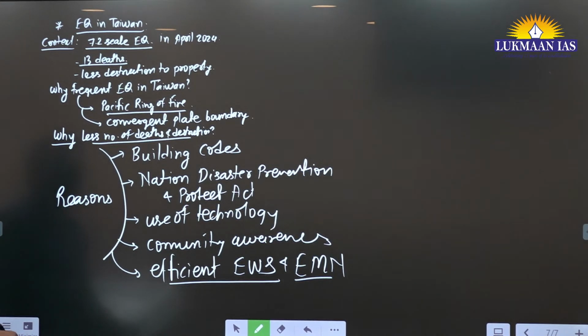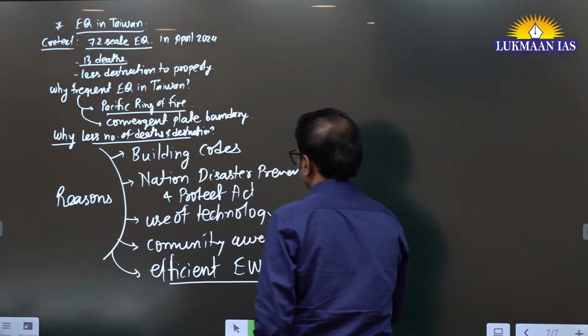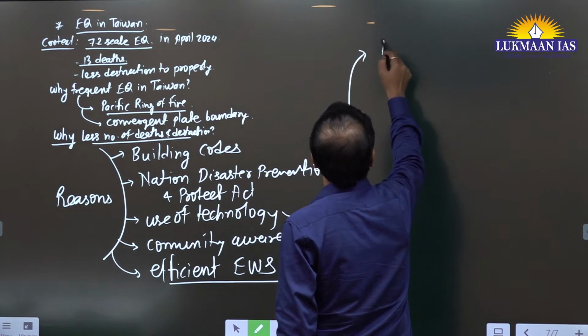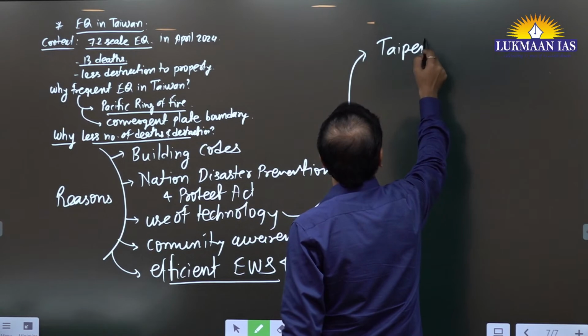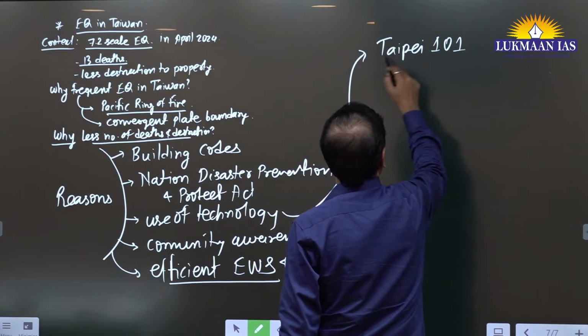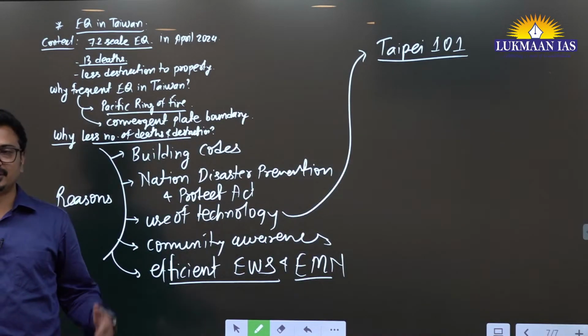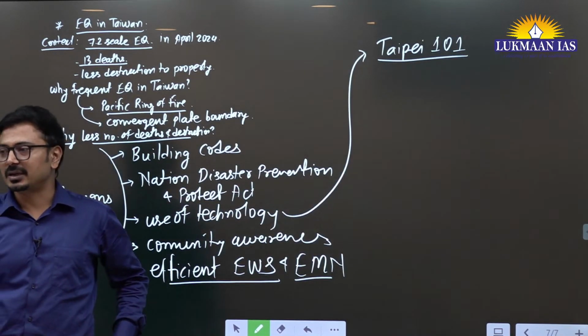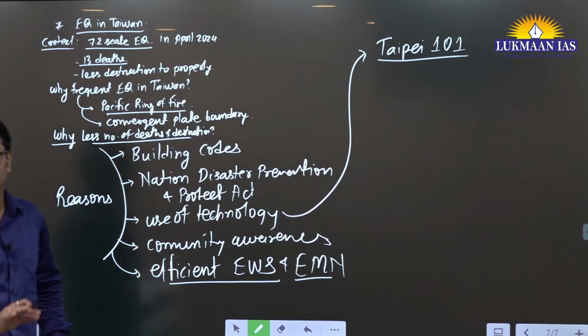ठीक है. All right, let's understand first this one, use of technology, and I will give here the example of the tallest building there, Taipei 101. Taipei is the capital, right? Taipei 101, this is the building, skyscraper जिसको बोलते हैं. तो इस बिल्डिंग में, अब सोचिए इतना बड़ा अर्थक्वेक है, ये बिल्डिंग गिरी नहीं है, कुछ नहीं हुआ इसको.